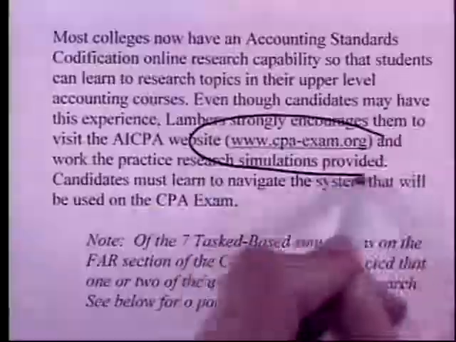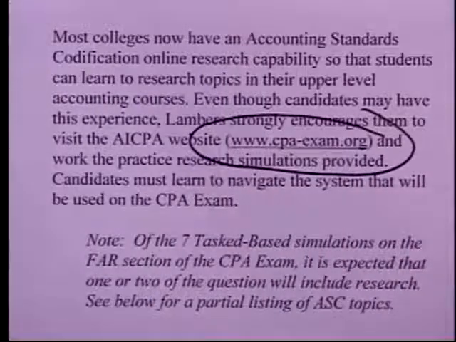If you have no place to practice, or if you do have a place to practice, the AICPA does not use the FASB website. They've got a cheaper one. So whatever you do before you take the exam, you go to that website and you practice a simulation using the AICPA's approach to the research.